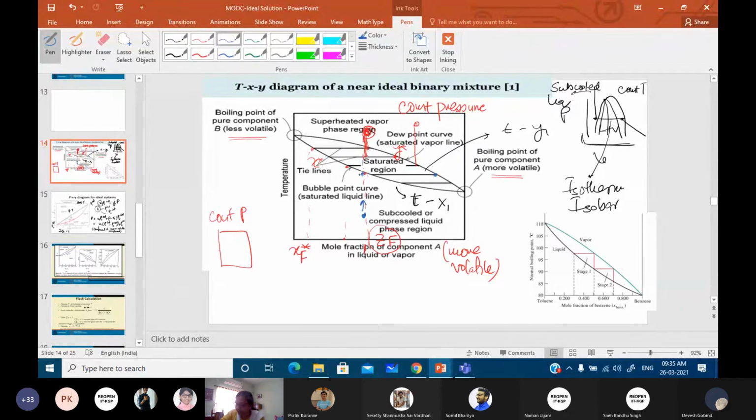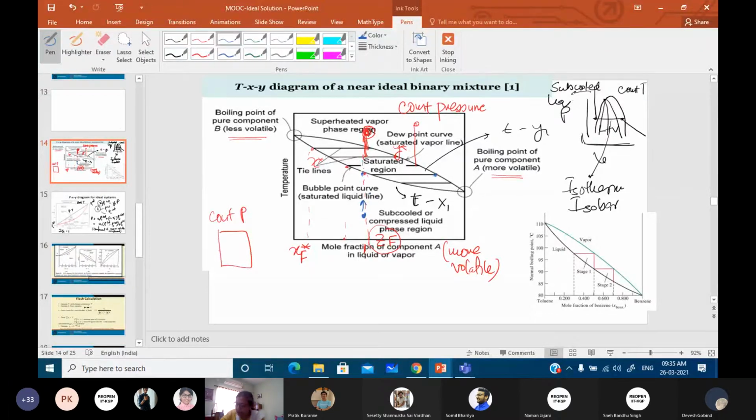The composition of the liquid is given by this particular curve, the composition of the vapor is given by this particular curve. This continues till we reach the saturated vapor line, and after that we enter the superheated region.